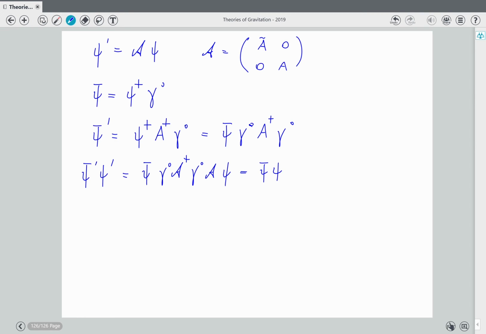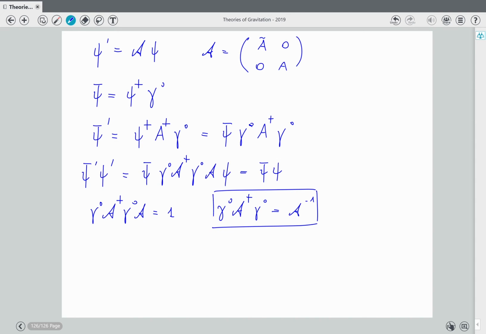So we should have this equal 1, or gamma 0 A dagger gamma 0 equal A to the minus 1. So this is one thing we want.